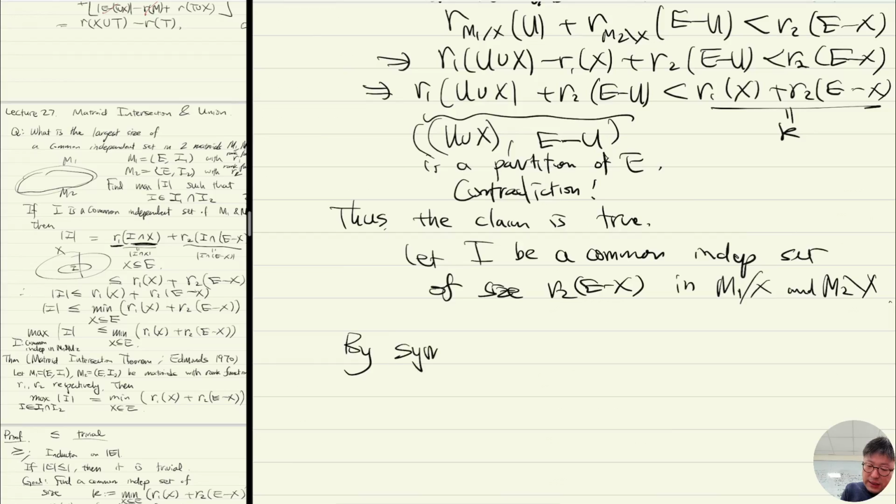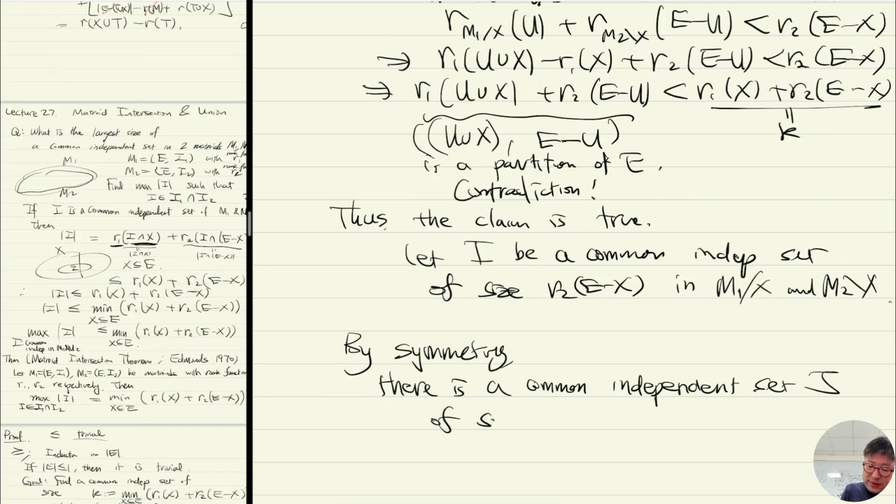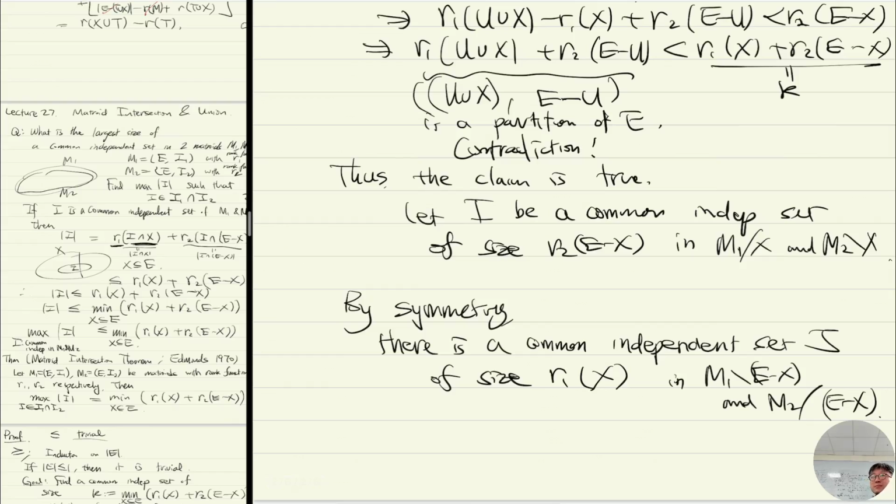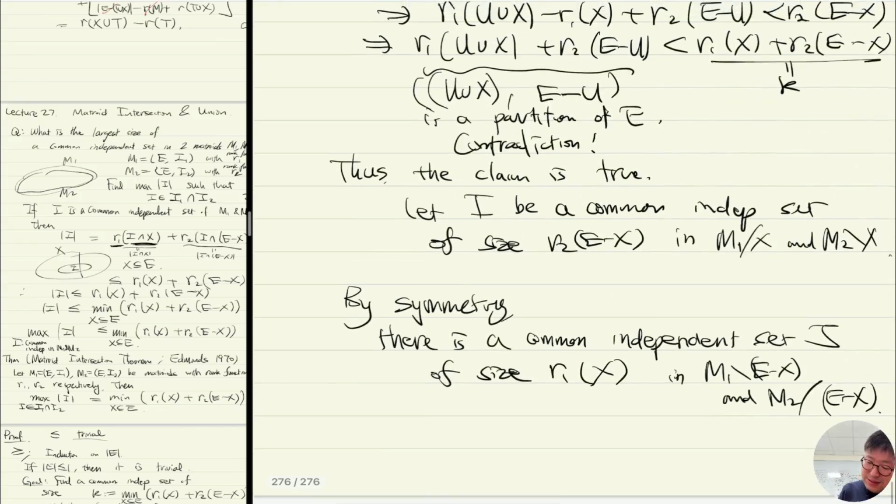By symmetry, there is a common independent set J of size R1 of X, now the other way around, in M1 delete E minus X and M2 contract E minus X. Now what we're going to do is to say what's happening.